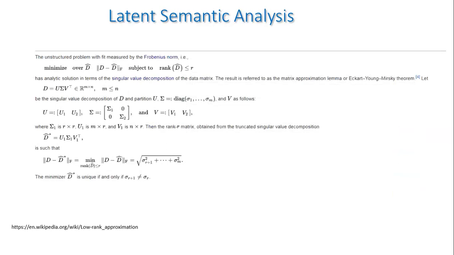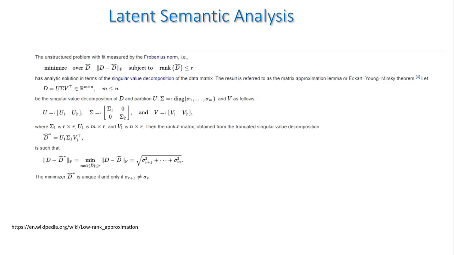Okay, and the idea behind dimension reduction is very simple. You take, let's assume D is the main matrix, the complete document frequency matrix you have. And you are trying to find an estimate for D, which is D hat. And this norm, which is a Frobenius norm, is simply the root sum squared of the difference terms.